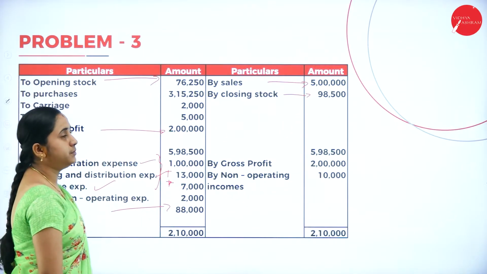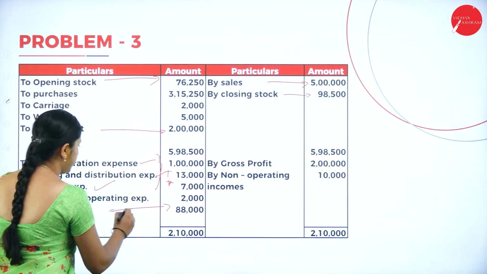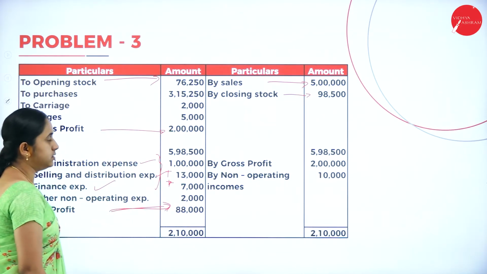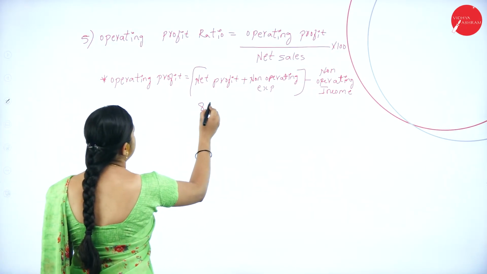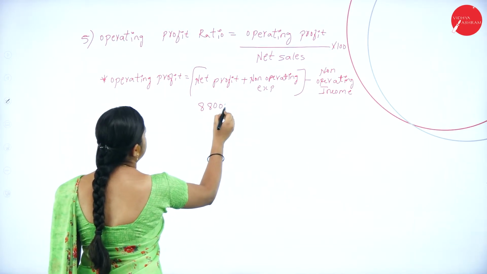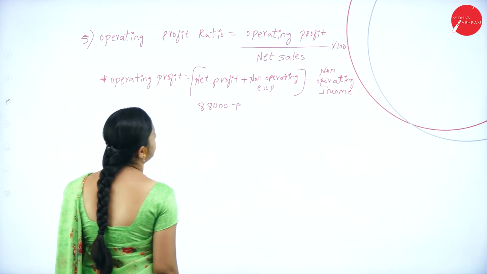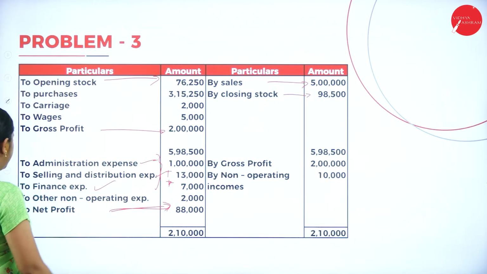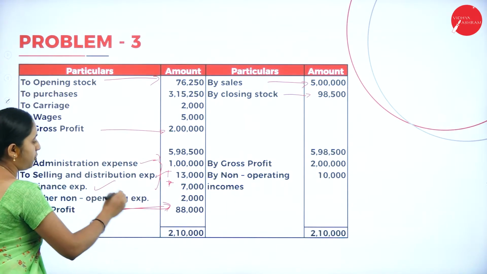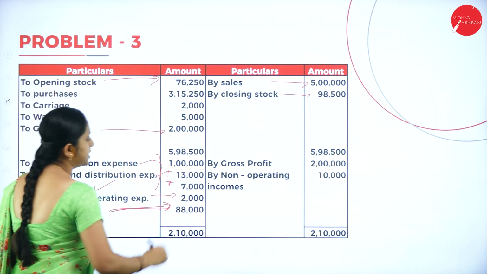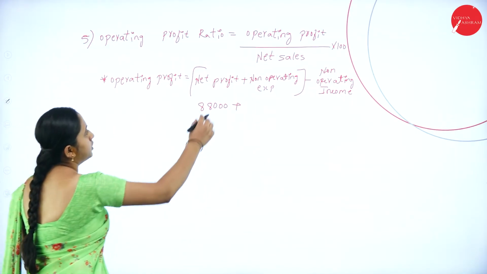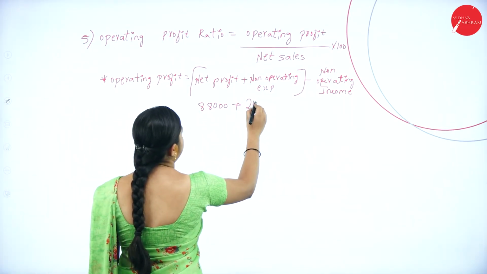In this problem, net profit is 88,000. Plus non-operating expenses: here we have other non-operating expenses of rupees 2,000.